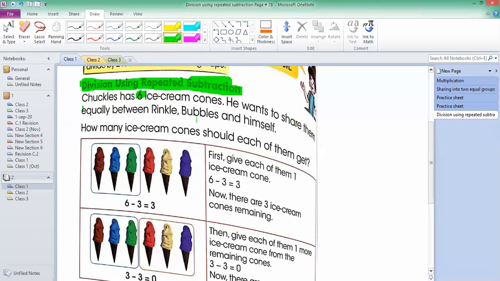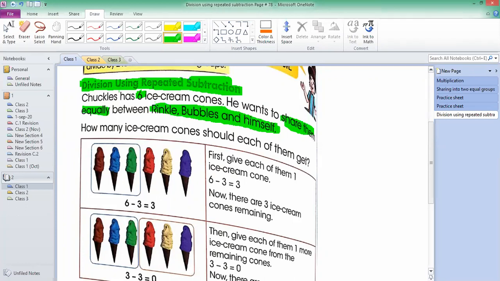He wants to share them equally between Wrinkle, Bubble, and himself. Guys, I tell you one thing, whenever you want to distribute anything equally, that means you have to do division. Whenever you read the words share it equally, that means division. Sharing equally in groups means you are doing division.